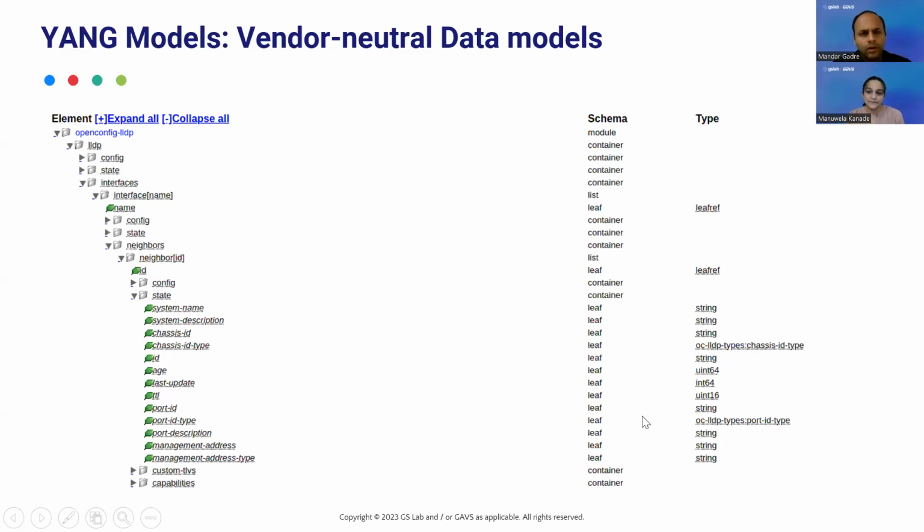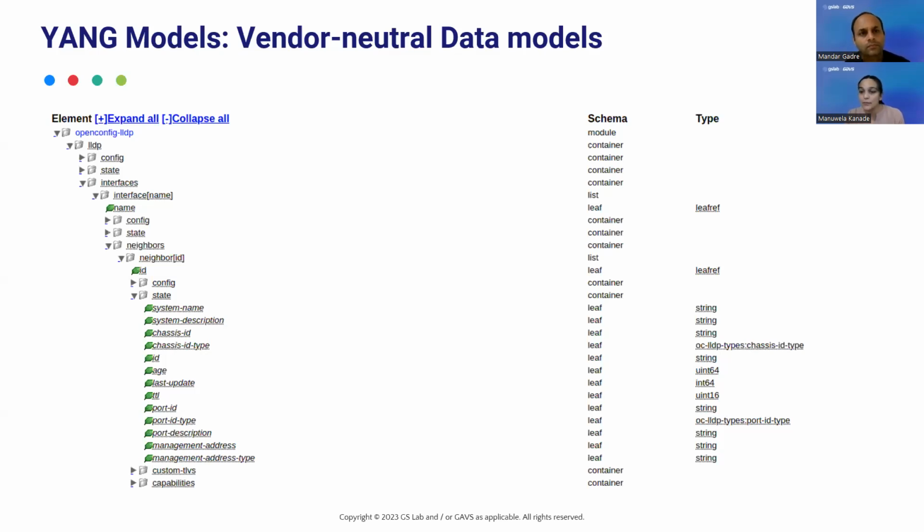Right. So what sort of an impact did this have on the monitoring aspect? Yeah. So we are speaking more from the configuration point of view as well, or even from the monitoring point of view, because now when you monitor the data, it is going to be very uniform.